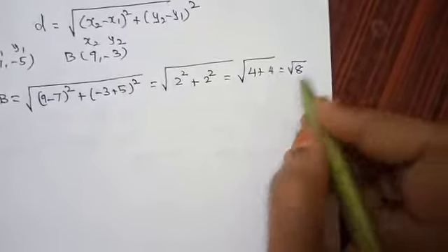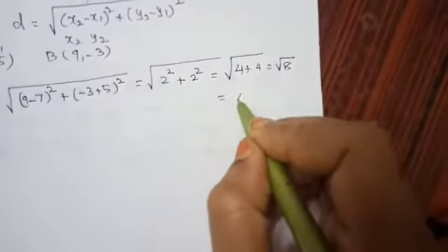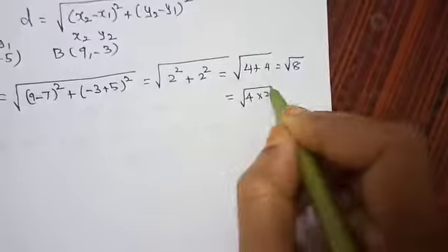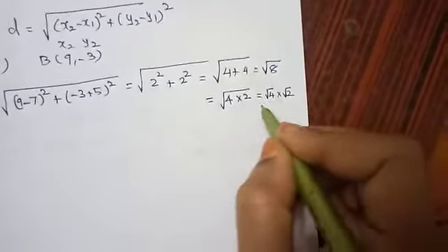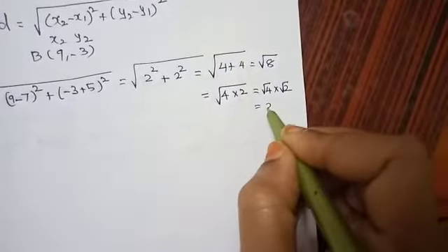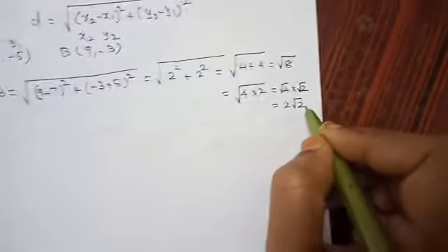So 8 we split into 2 factors, 4 into 2, that is equal to square root of 4 into square root of 2, that is equal to 2 root 2.